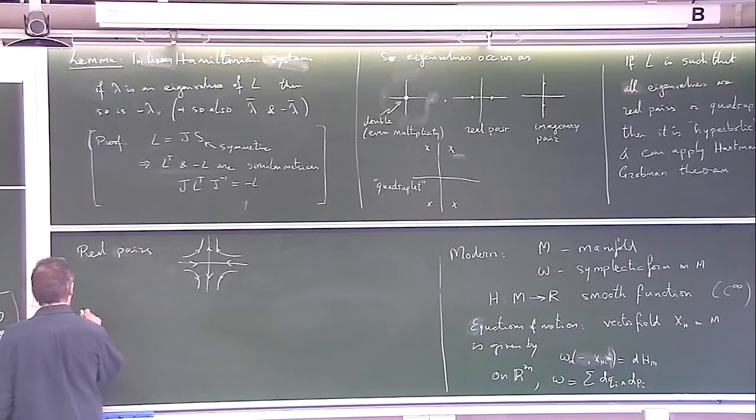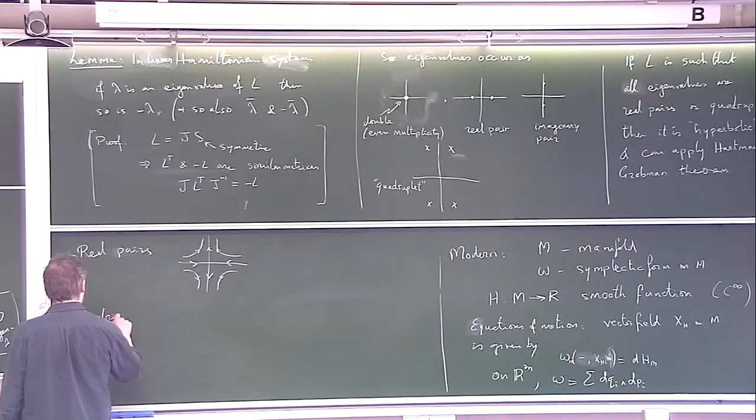And for quadruplets, it's not so easy to draw because we need 4 dimensions.